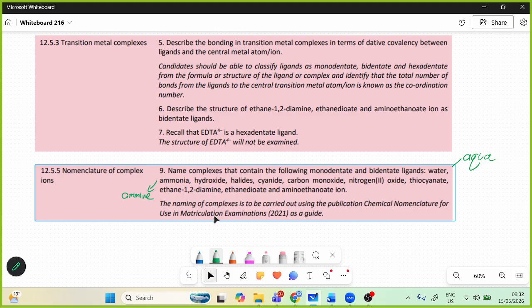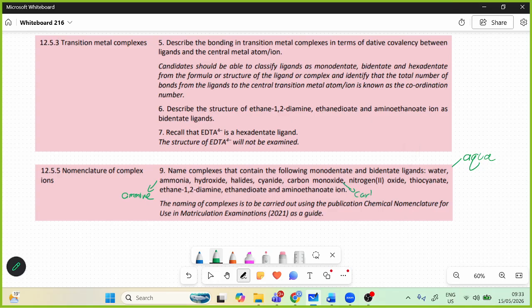Hydroxide is hydroxo. Okay. Halides, it's literally chloro, bromo, fluoro. Cyanide is cyano. Carbon monoxide is carbonyl.